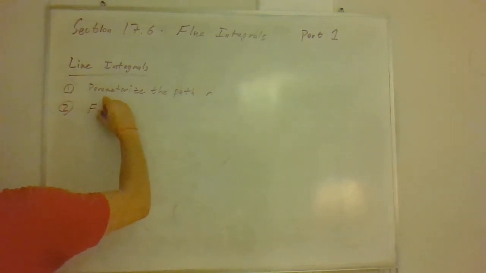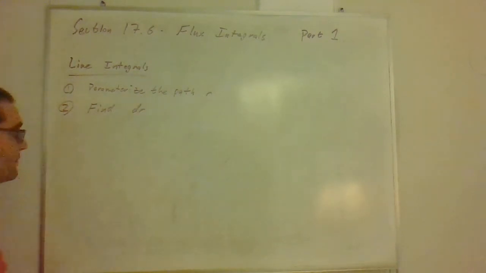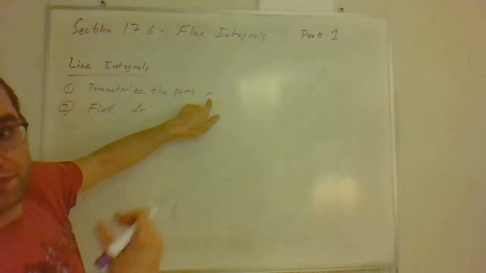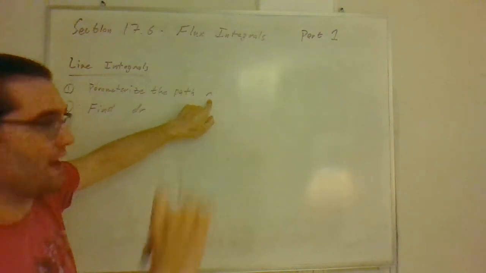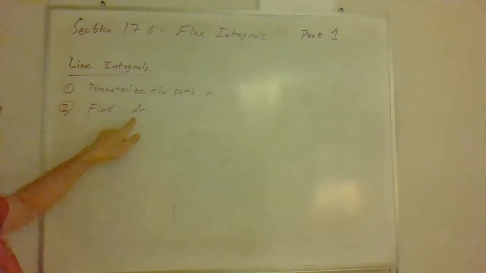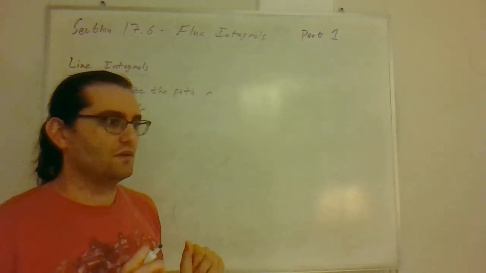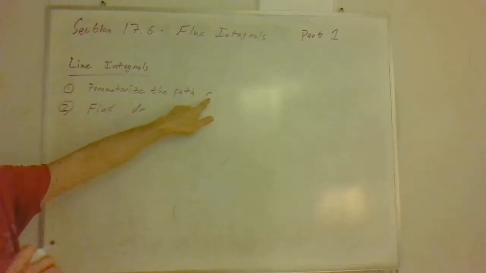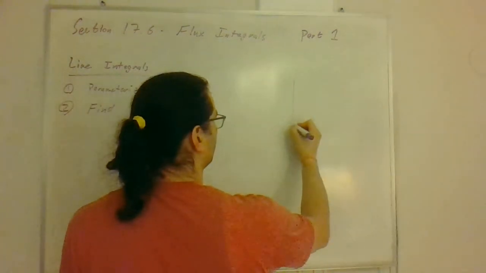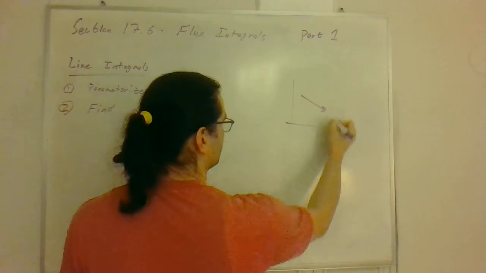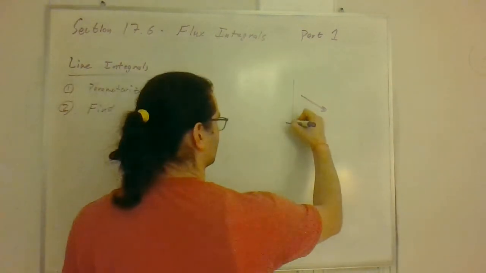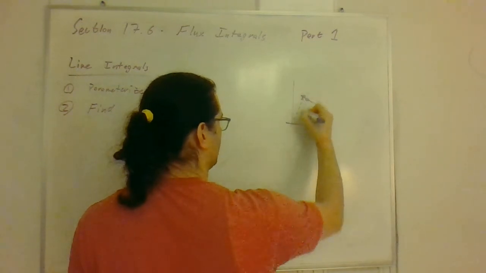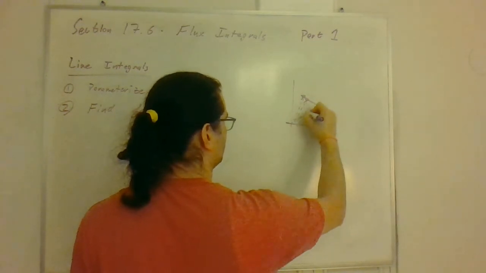We need to find dr. So this is going to be a vector that describes the position of various points along a path. When we take the derivative of that, we want how these positions are changing. So if you have a path that does this, R is like a series of vectors that point to this point, and then this point, and then this point.